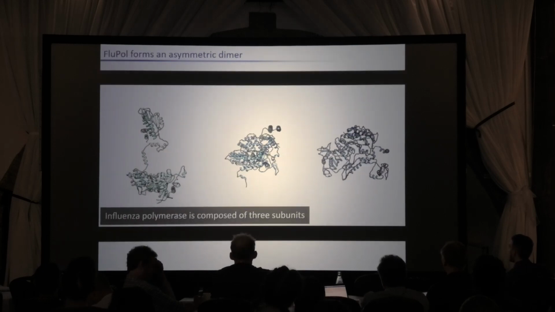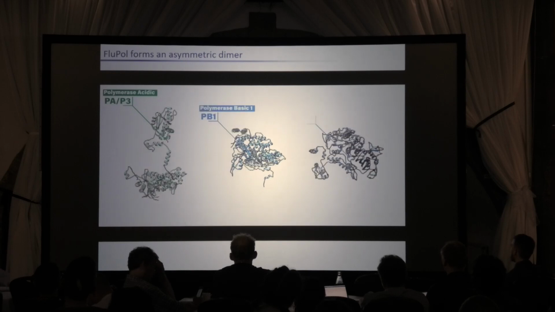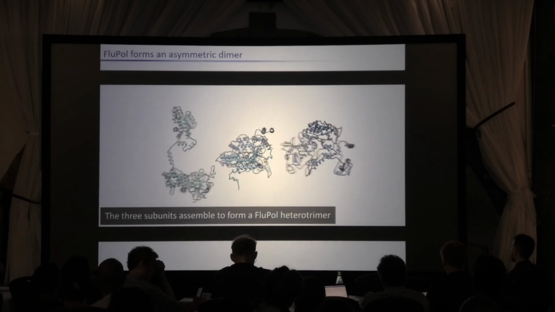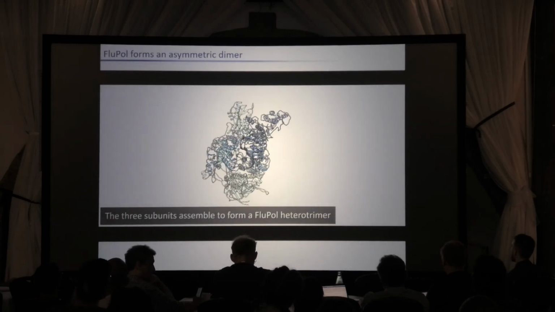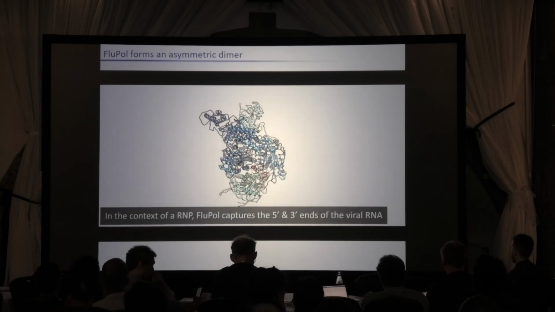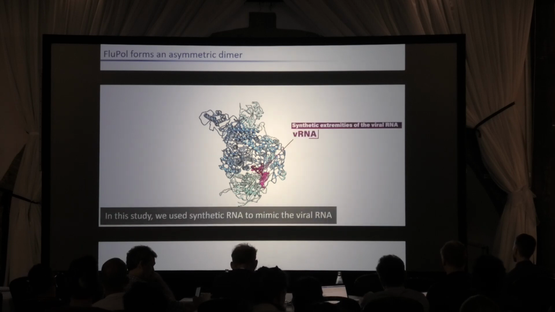So this is just a movie which highlights this. You've got the three subunits of the polymerase, PB1, PB2, and PA, and they've come together to form this stable heterotrimer. This is where the viral RNA binds. You have the 5' hook here, and then the 3' going into the active site.